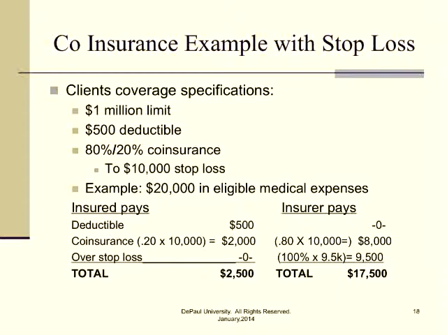So for the next $10,000, you, the insured, pay $2,000, and the insurance company will pay $8,000. Over the stop loss, which is the $10,000, you, the insured, pay $0, and the insurance company will pay $9,500. 2,500 plus 17,500 equals 20,000.